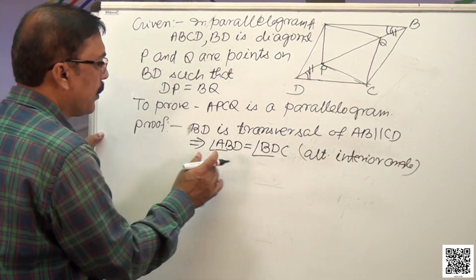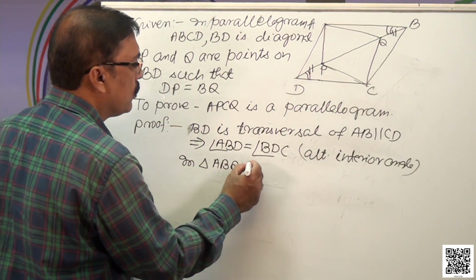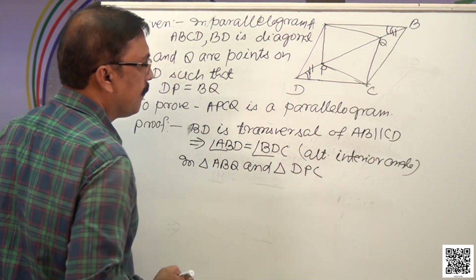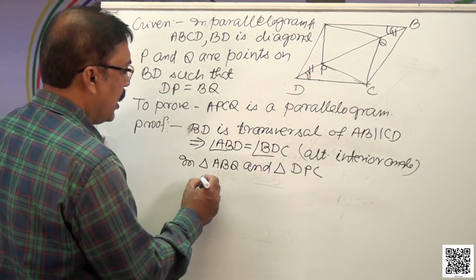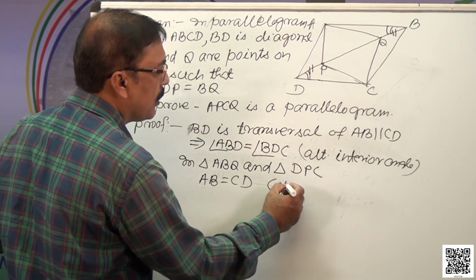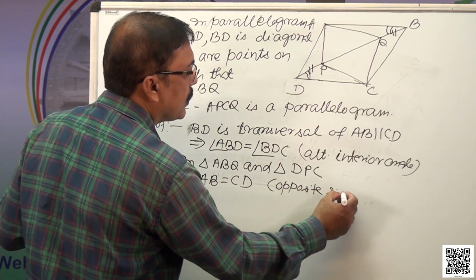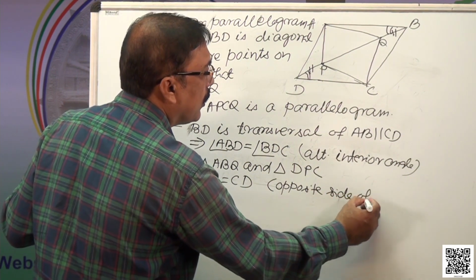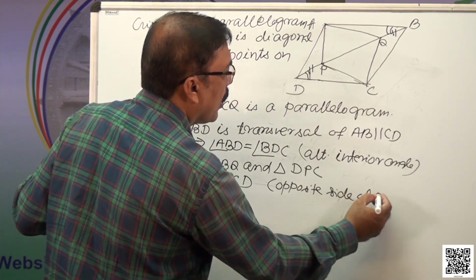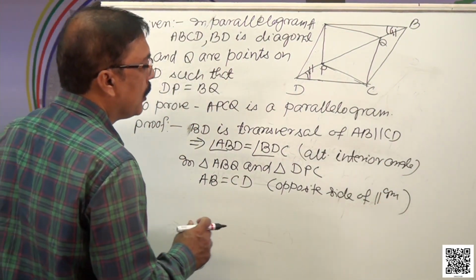Now you see, in triangle ABQ and triangle DPC, we have AB is equal to CD. Why? Because they are opposite sides of a parallelogram.